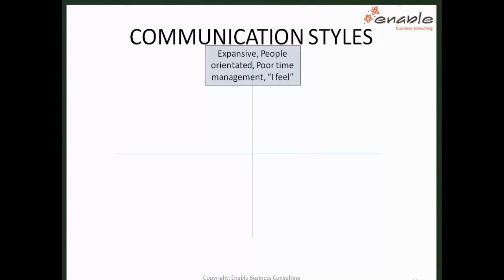So at the top, they're very much people-orientated, I feel, and generally very poor time managers. Other end of the spectrum, much more reserved, very much task-orientated, and much more of an I think kind of person, and generally very good with time.